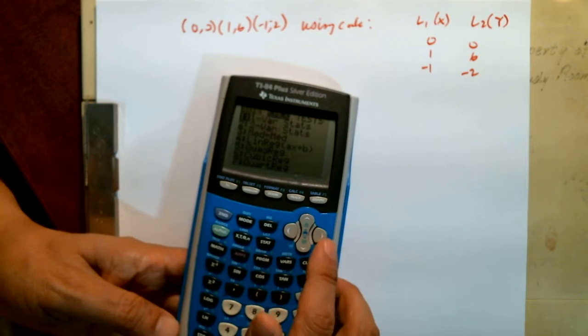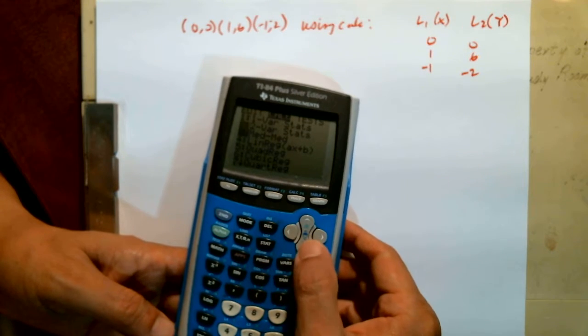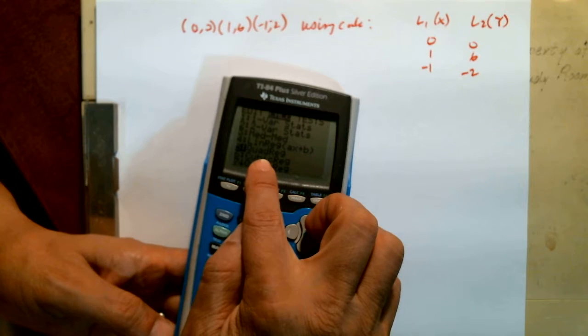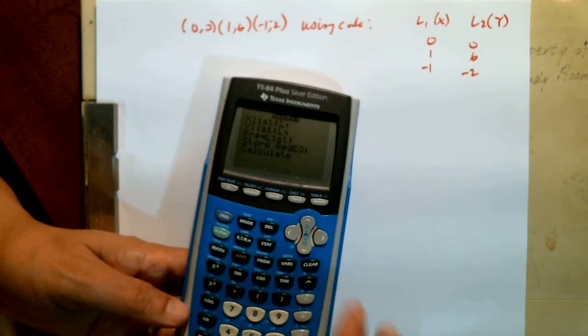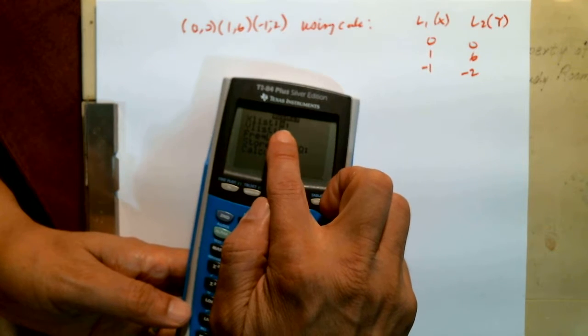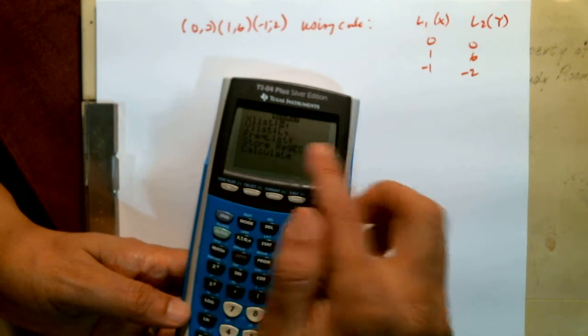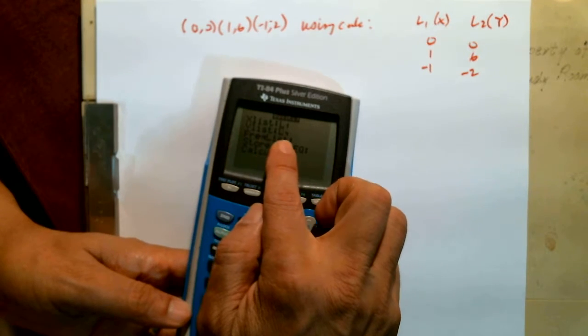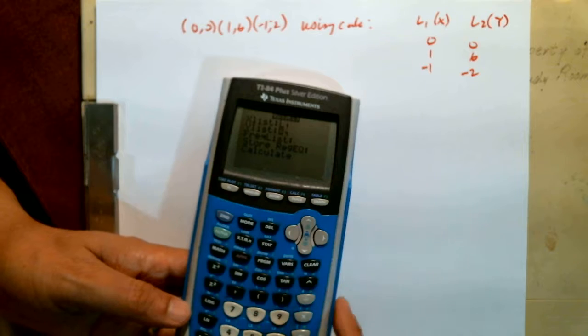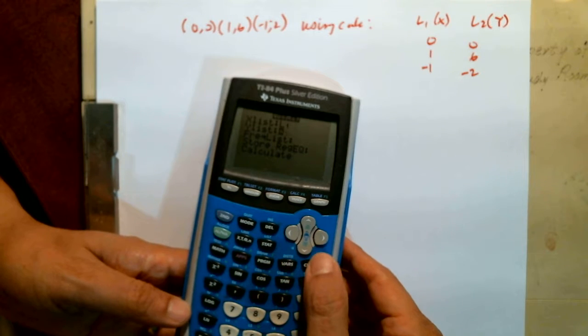I go into calculate. I go into quadratic regression right over here. It's number 5. And it says X is your list 1, the column that we just made. I noticed that the second list is not list 4. It should be list 2. So I have to clear that.